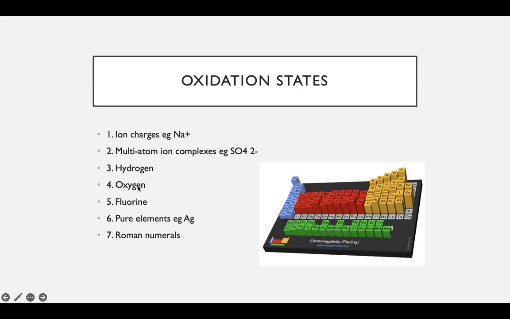If we think about oxygen, all four of those oxygens have a -2 oxidation state. So the oxygens are creating a total of -8. But the whole ion complex has a charge of -1, which means that the manganese must have itself a +7 oxidation state.